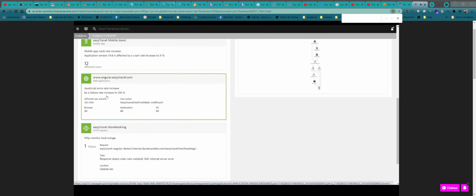So typically it is supposed to load in some amount of time, or there are no failures usually, but now the JavaScript errors have increased. There are too many crashes happening on my mobile application. So it was automatically able to pick up and tell you that the crash affected 12 users, and the fact that people were not able to validate their credit card on your web service. So you can actually go in and take a look at that.